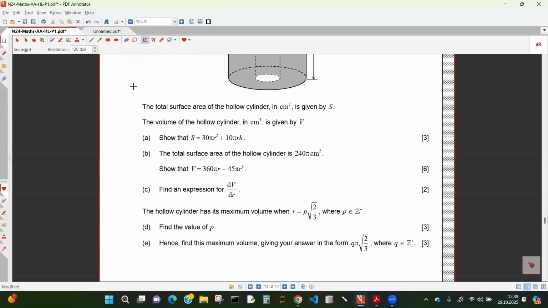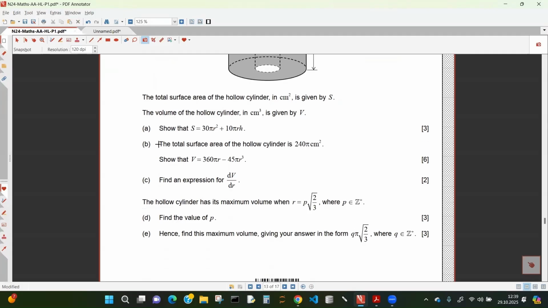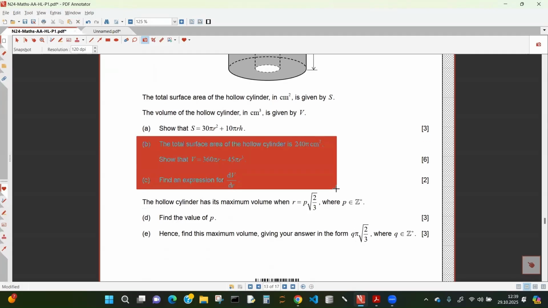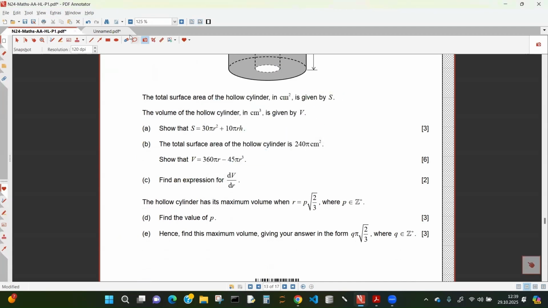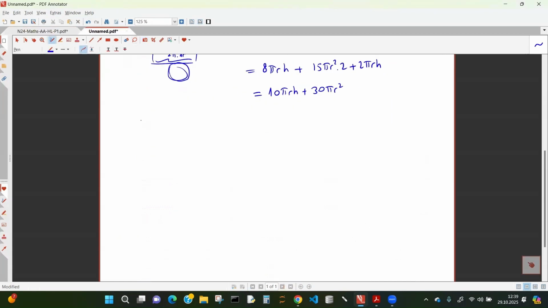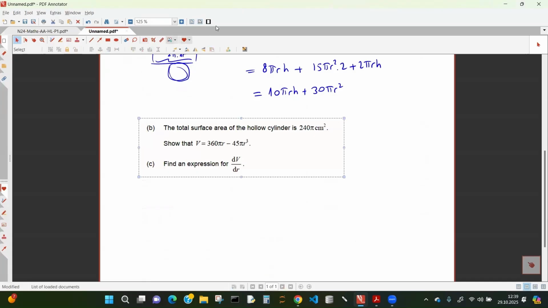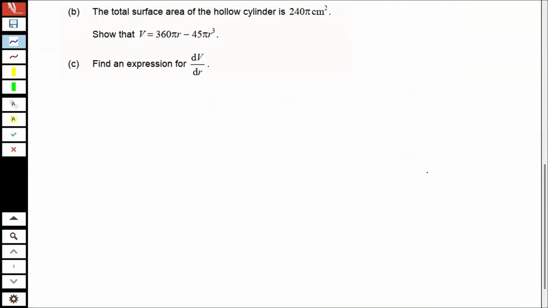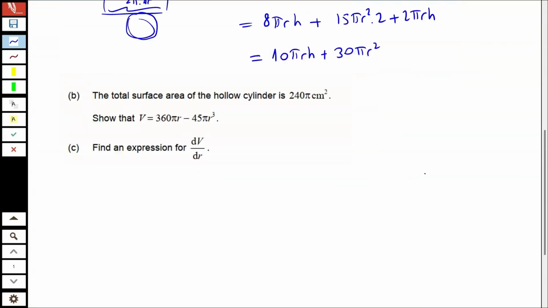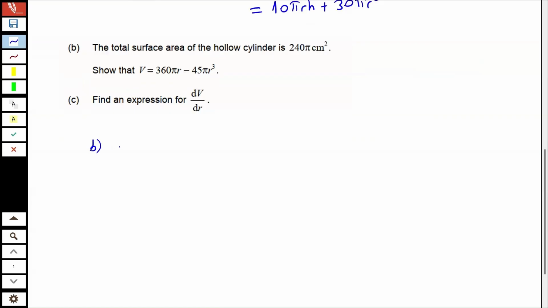At the question B, the total surface area of the hollow cylinder is 240 pi centimeters square. Show that. So at the question B, the total surface area of the hollow cylinder is 240 pi.